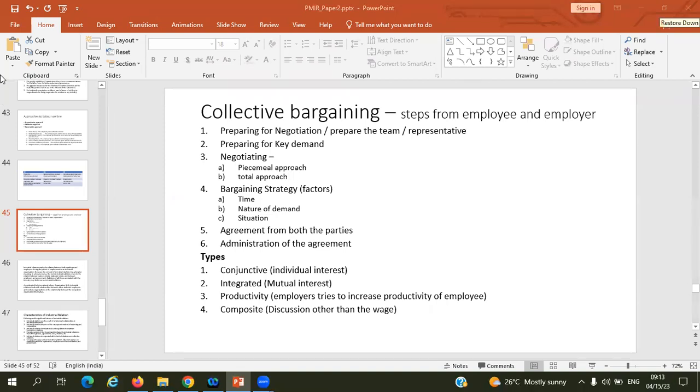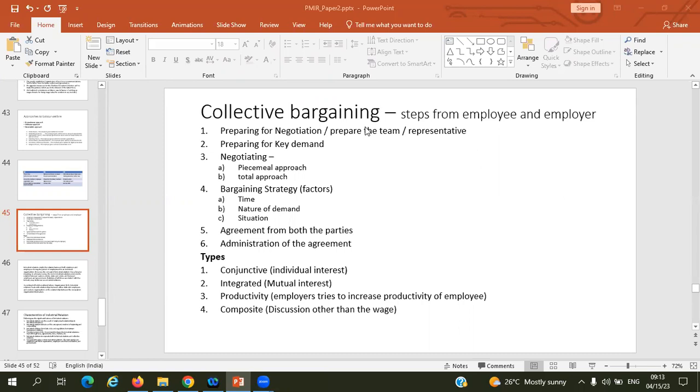If you alone go to the owner and fight, that will not help. So collective bargaining means any bargaining happening between workers and owners in a collective way. So you are not alone fighting, not talking.